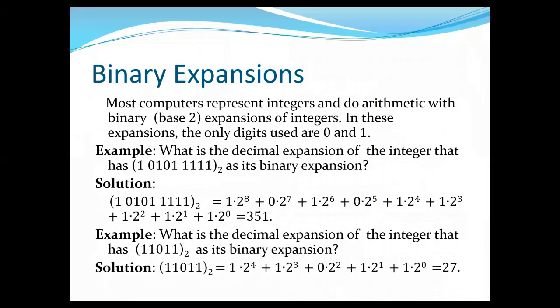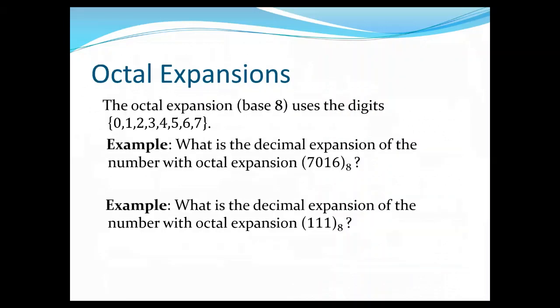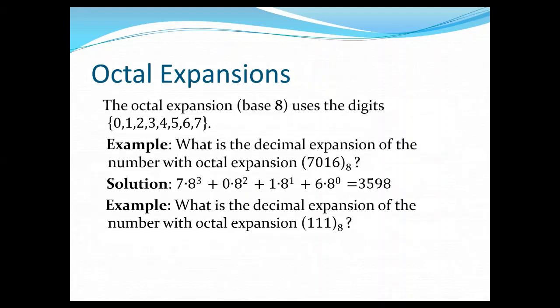That's the logic behind the conversion. And for the octal, same. For octal, base 8, the symbols to be used are 0 to 7. If we want to convert, same solution, same process. Just multiply each digit by its positional value, then add.